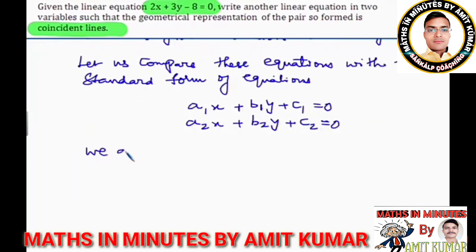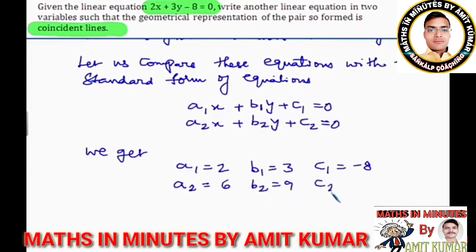Here we get a1 is equal to 2, b1 is equal to 3, c1 is equal to -8, a2 is equal to 6, b2 is equal to 9 and c2 is equal to -24.